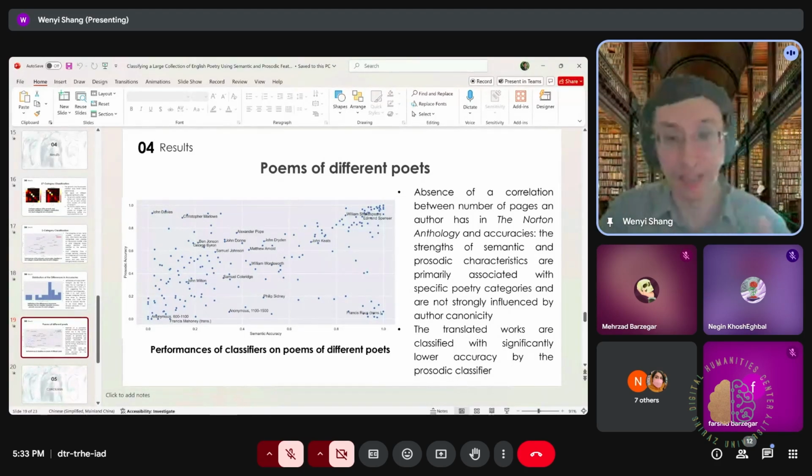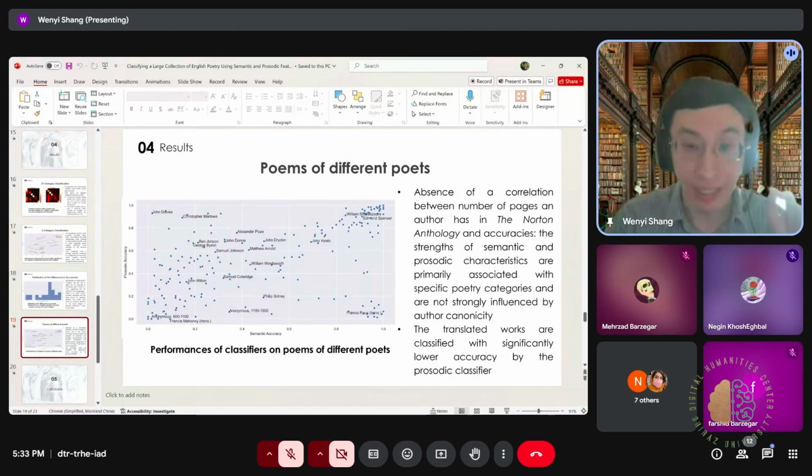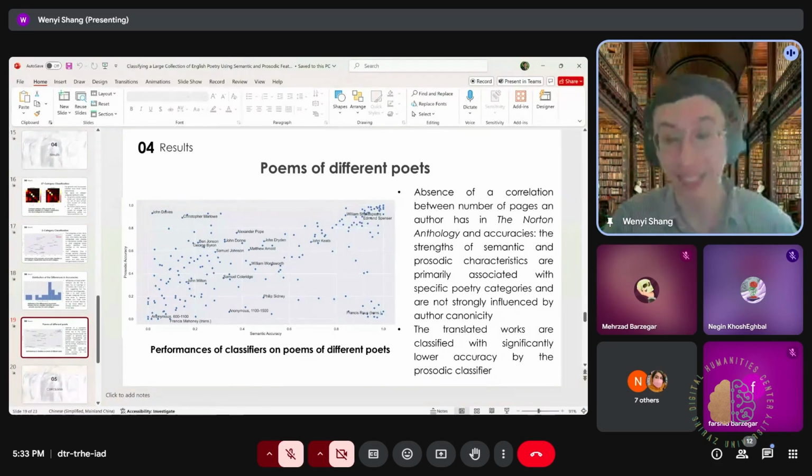So there are various patterns. So then there's no statistically significant correlation in any of the cases. So the evidence is clear that the strengths of semantic and prosodic characteristics are primarily associated with the specific poetry categories, but not with author canonicity.